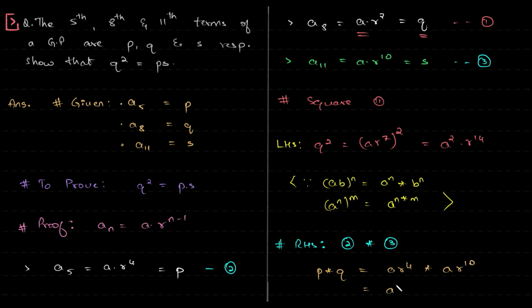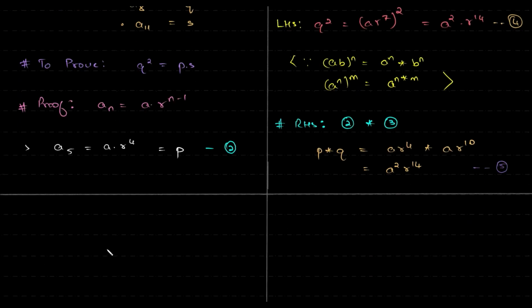So we can clearly see A square R to the power of 14 is our result, and that's our fourth equation, and this would be our fifth. Okay, so from 4 and 5 what can we tell? Therefore from equation 4 and 5, LHS is equal to RHS, and that's our proof.